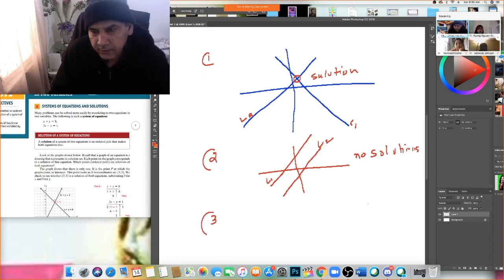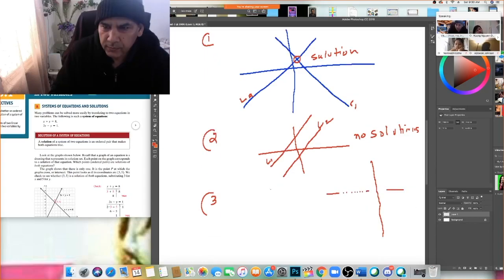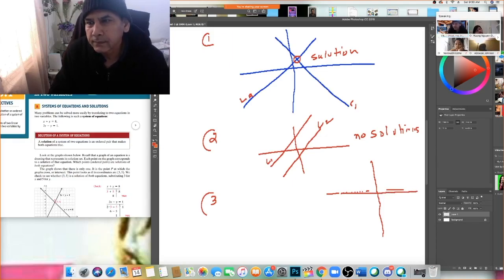So the third condition we could have, let's say, this is our first graph, and the second graph, this is called L1, right?